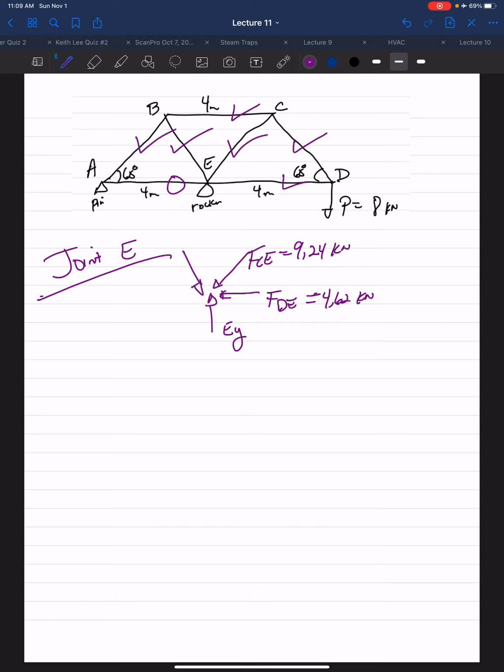We have a FBE, which we just calculated to be 9.24 kilonewtons. And we have a FAE, which is our last unknown member force.